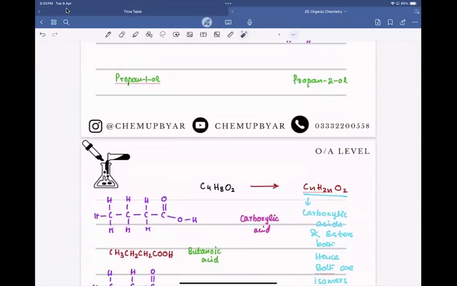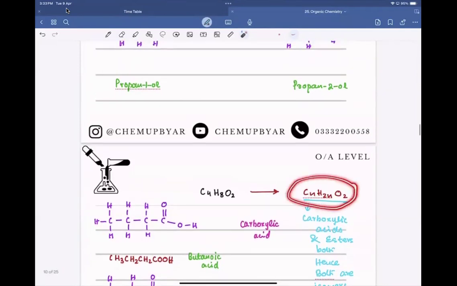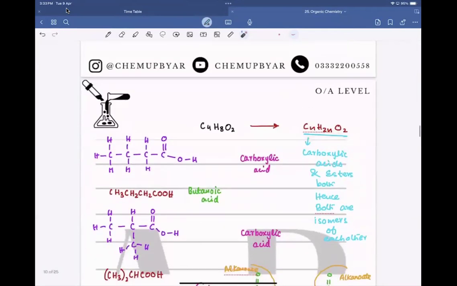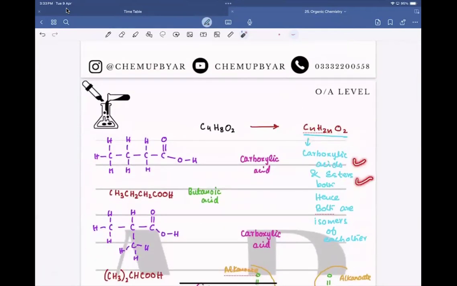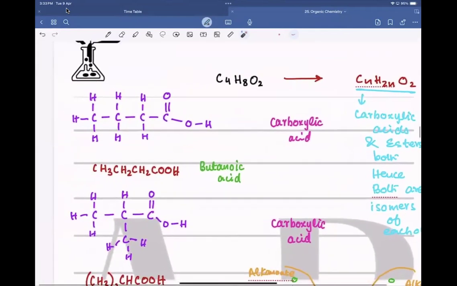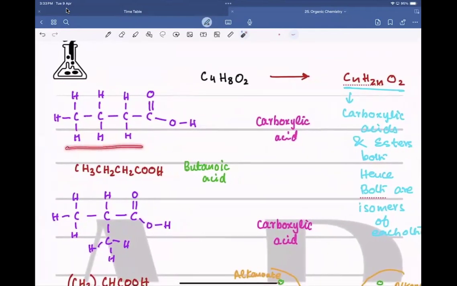Now, C4H8O2. If you go for this general formula, you will find that carboxylic acids and esters both have this general formula. So both are isomers of each other. Okay. So carboxylic acids and esters both are isomers of each other. See, it's a carboxylic acid, right?